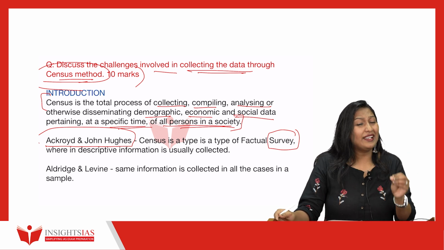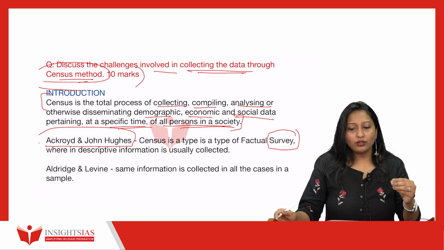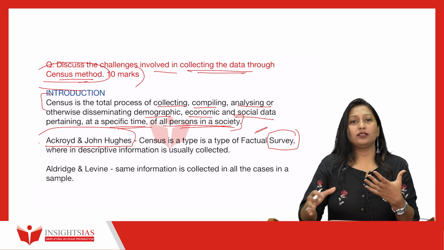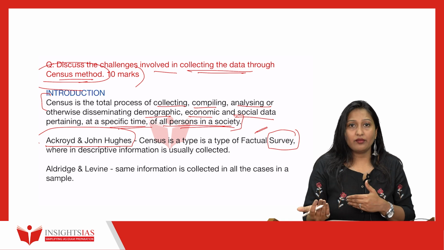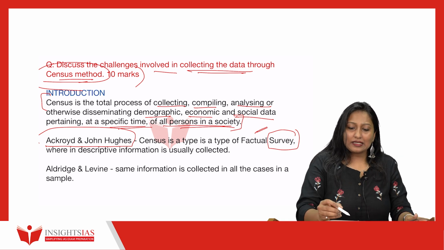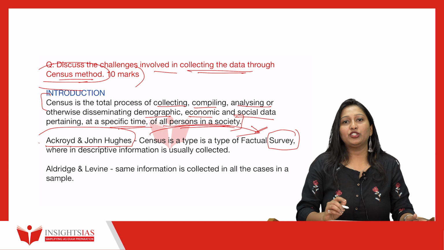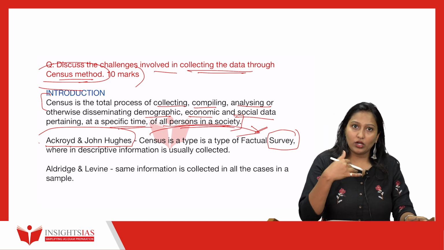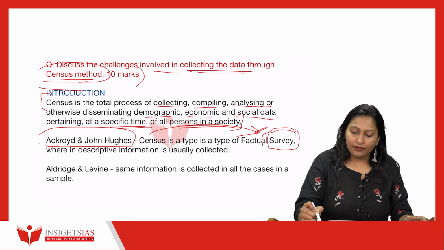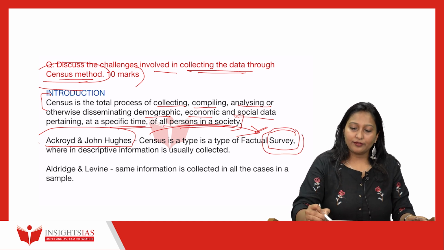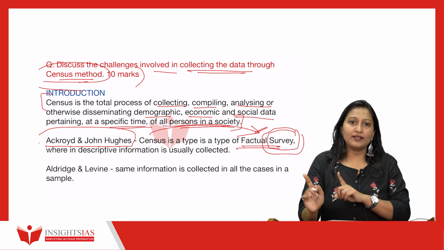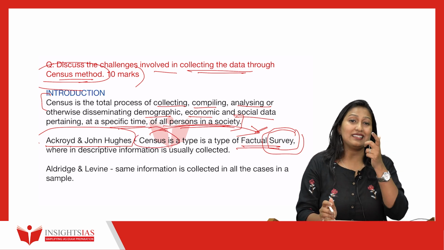They have not directly talked about census, but they have talked about factual survey, which is a type of survey. So census is an example of factual survey. Did you understand what I'm doing here? I've not studied census, but in survey method, what we have studied is factual survey. It is a type of survey, and an example of factual survey is our census method, which is in our question.